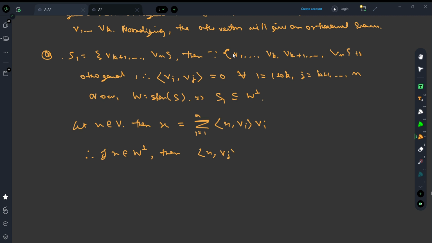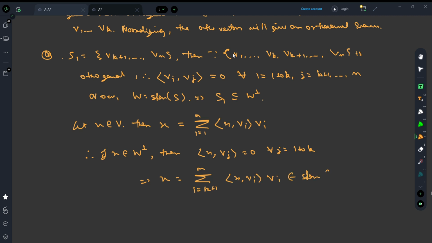Therefore, if X is in W perp, then the inner product of X with Vj becomes 0 for all j equals 1 to k, right?